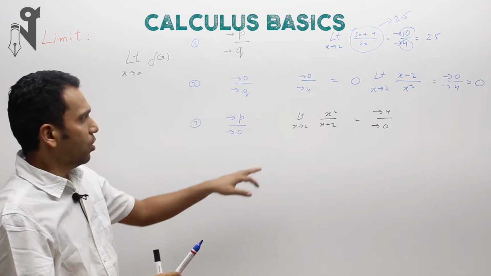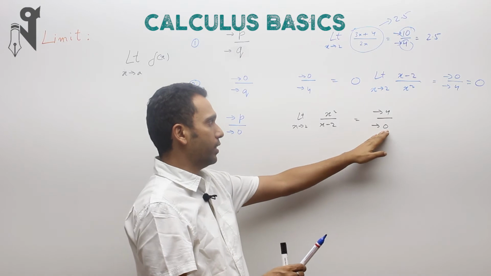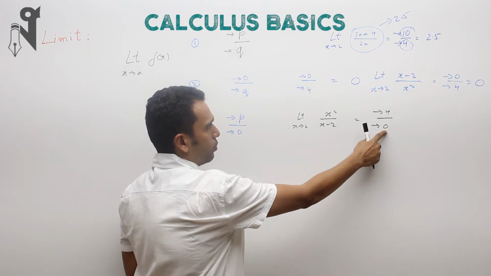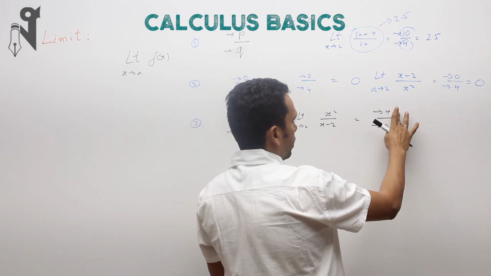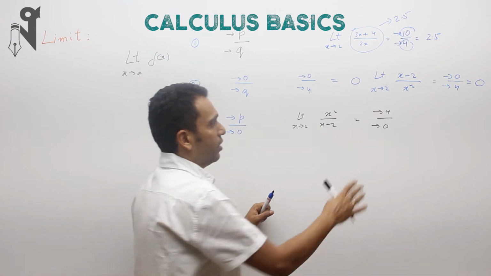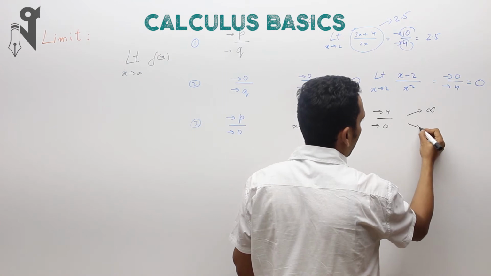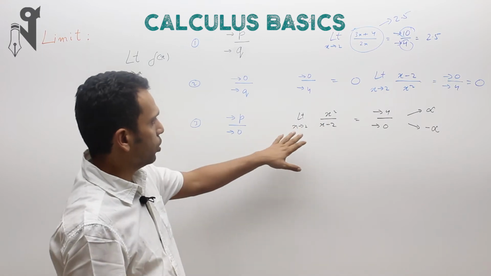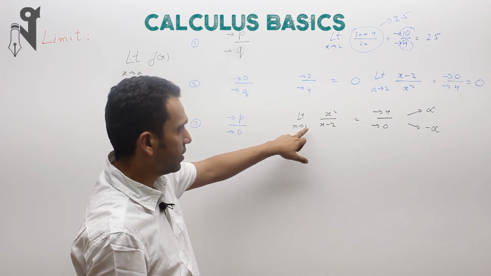And here, whether x was tending to 2 from the right hand side or the left hand side will tell you whether it is the positive side of 0 or the negative side of 0. If x was more than 2, it's a positive number. If x was less than 2, it's a negative number. Now, if you have something near 4 divided by something which is near 0 and not exactly 0, then your answer would be a very large answer. So it can be either infinity or minus infinity, depending on one thing, whether x is tending to 2 from the right hand side or the left hand side.